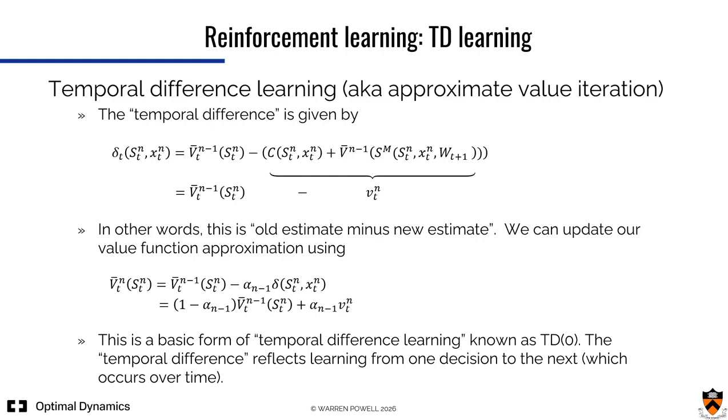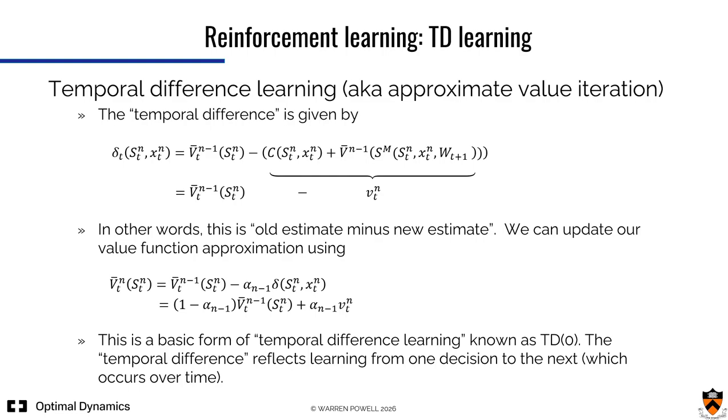And then if you have randomness, because in computer science they didn't always have a random component, but let's say they did, that S^M function is the next downstream state that you would land in, and I'm going to use the value of that, again, using the value functions from iteration n minus 1.